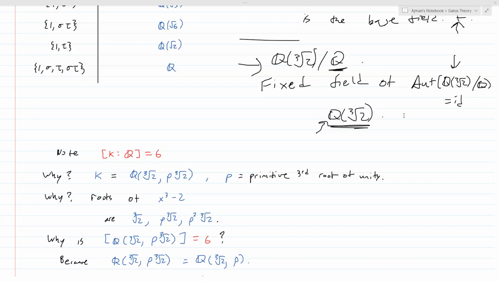So yeah, you can always map any particular root of a minimal polynomial to any other root of the same minimal polynomial. So if you have an algebraic element, then you can have an automorphism which takes it to any other conjugate. Right? That's always possible.